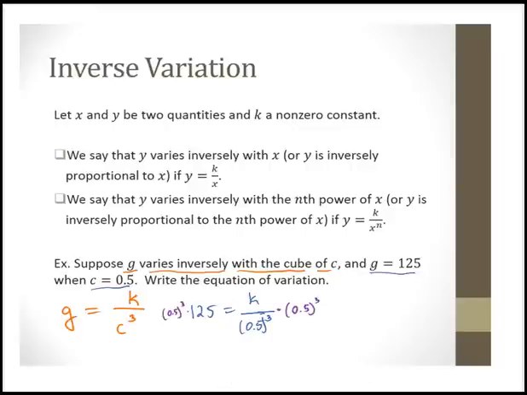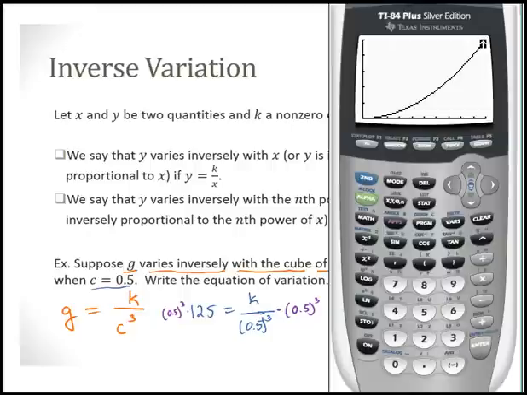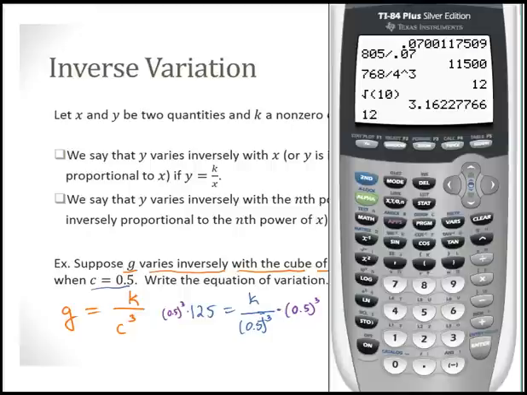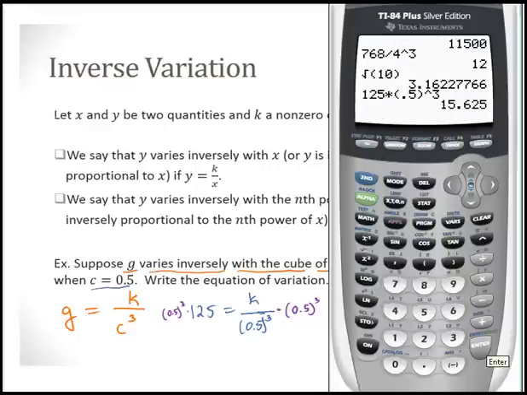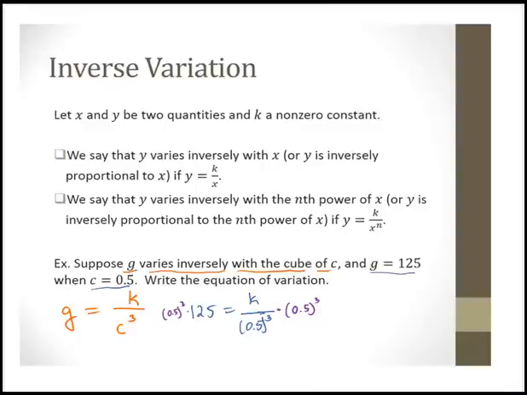I'll use the calculator for that. 125 multiplied by 0.5 to the third power gives me 15.625. So k is 15.625. So then my model, my equation, would be g equals 15.625 over c cubed.